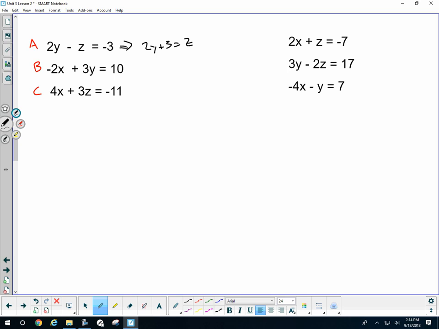Okay? Now my next instinct is to plug what z is equal to into an equation that has a z. Well, B doesn't have z. It's just C that has a z. So I'm going to plug A into C.